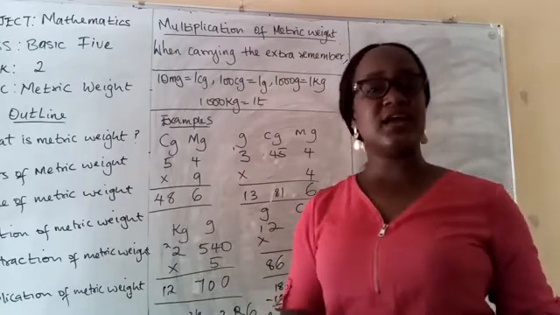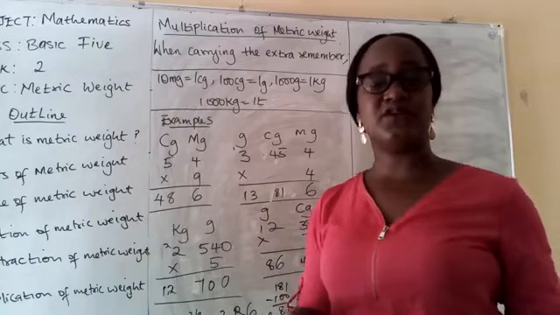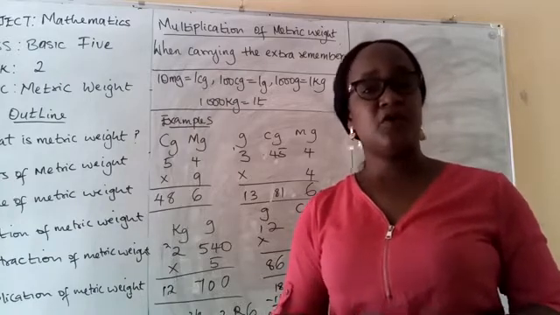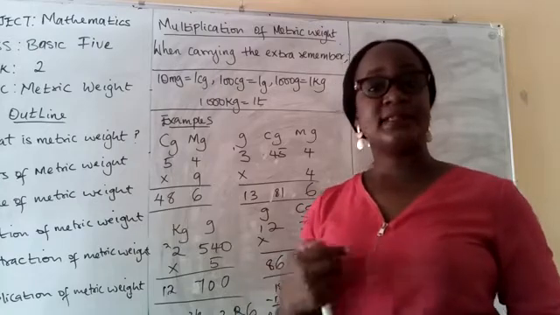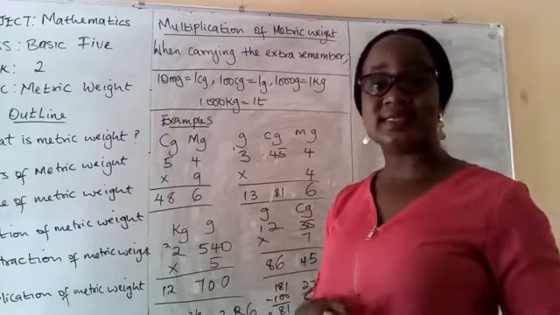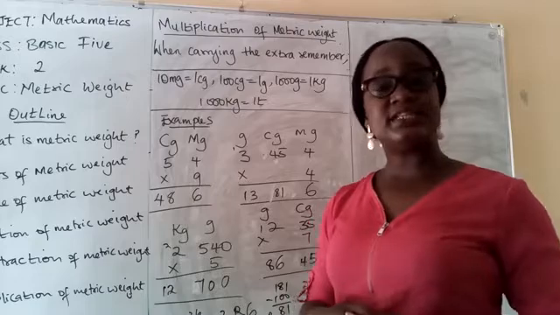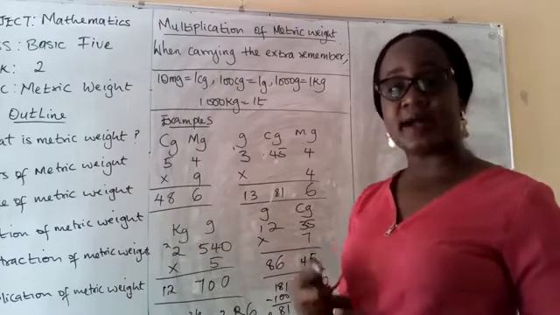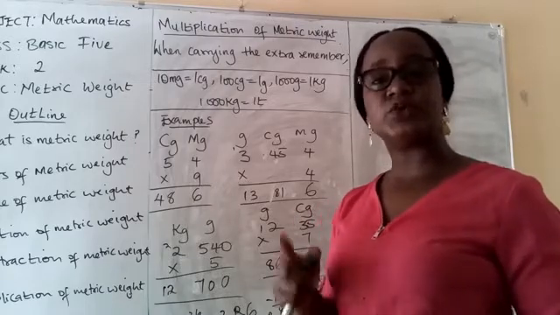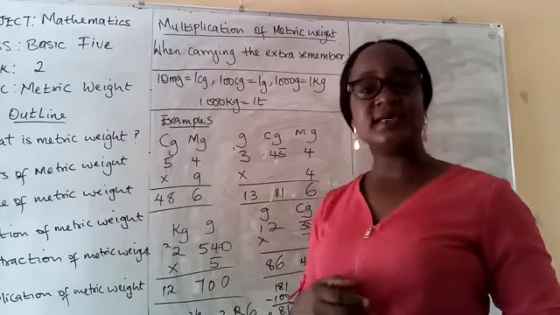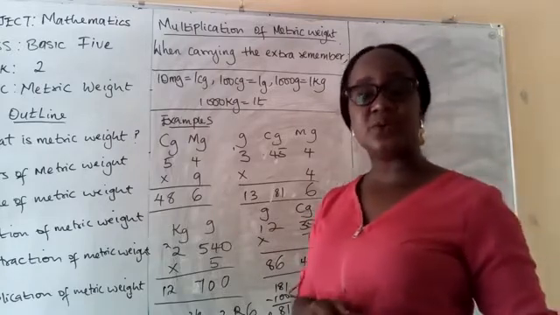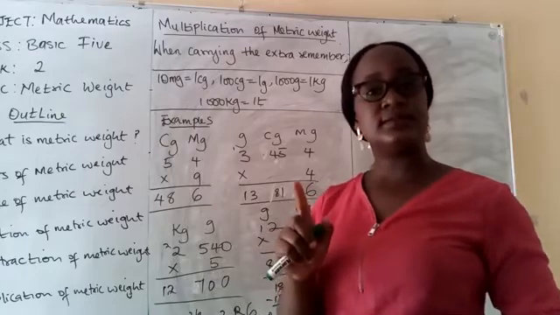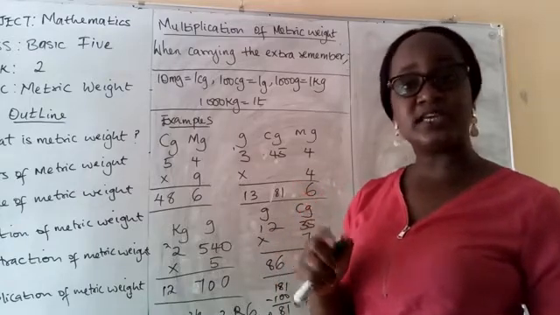Okay, so we use that to form what we call the table of units for metric weight, right? Remember, our 10 milligram will give us 1 centigram, 10 centigram will give us 1 decigram, 10 decigram will give us 1 gram, 10 gram will give us 1 decagram, 10 decagram will give us 1 hectogram, 10 hectogram will give us what? 1 kilogram.